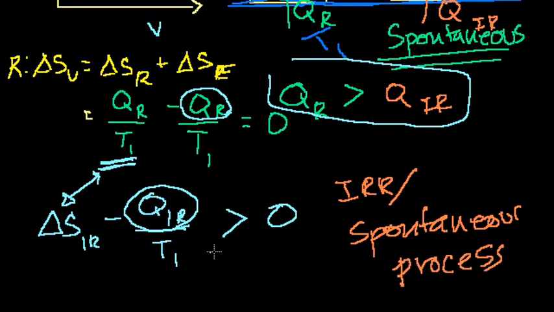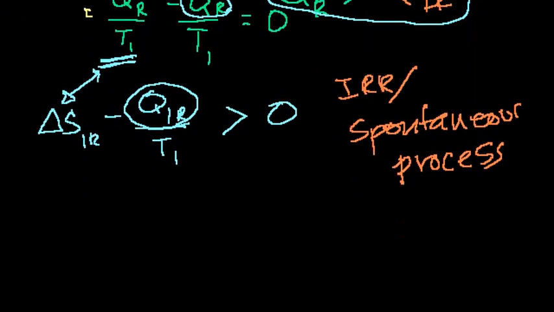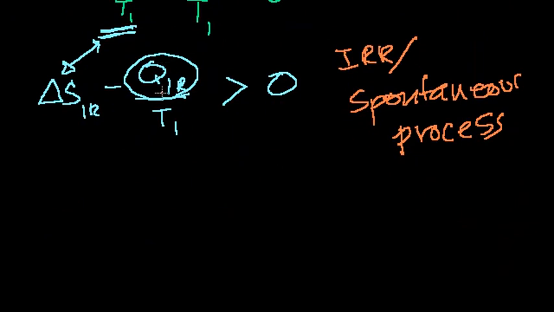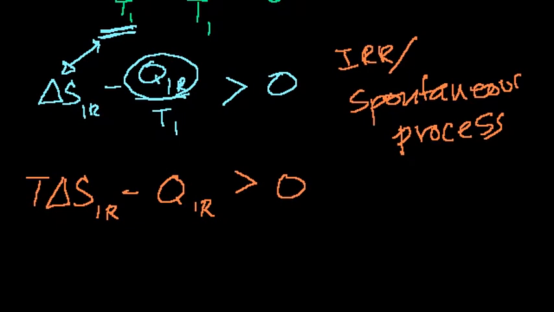Now let's do a little bit of mathematics. This is the heat that was essentially given to the irreversible system, and it's a minus here because this is the term taken away from the reservoir. Let's multiply both sides of this equation by T1. We get T1 times delta S of the irreversible process minus Q of the irreversible process is greater than 0.